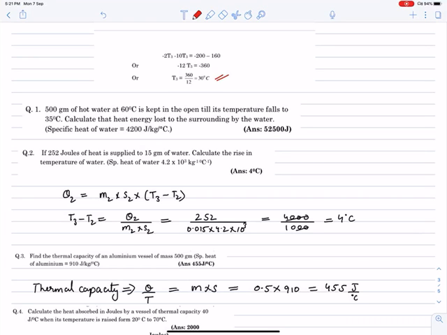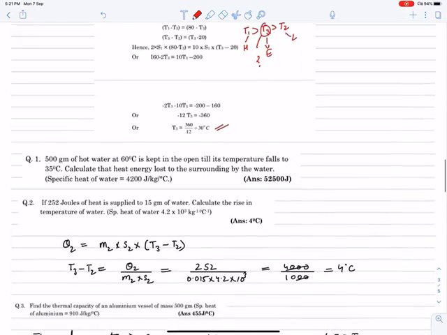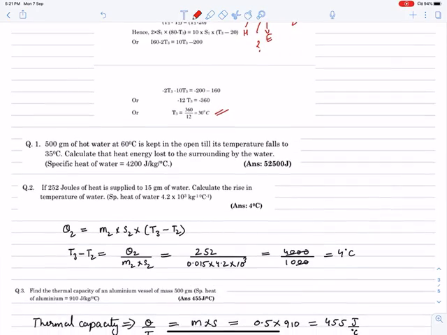It is just the numbers. It is the same as example number 1, only the digits are changed. The rest is the same sum as example number 1.